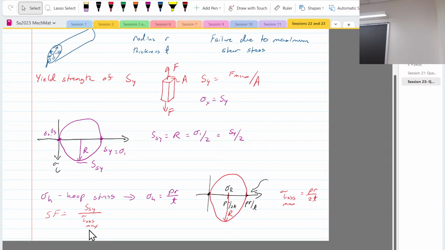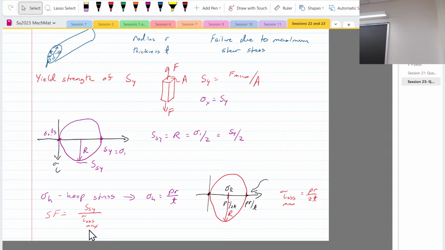The yield strength is 200 over PR. When I did it, it worked with just PR over T, not 2T. We need to still multiply by a safety factor of 5. Yeah, that's why. I use T here as well.